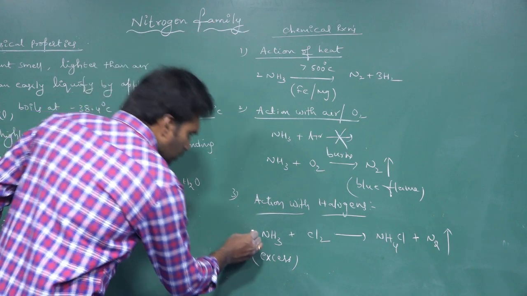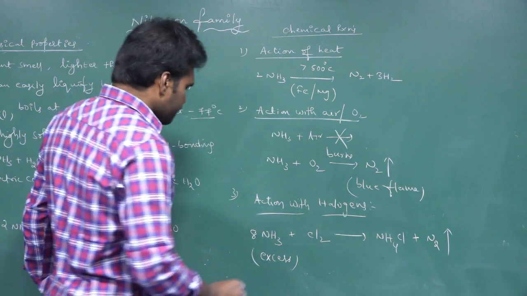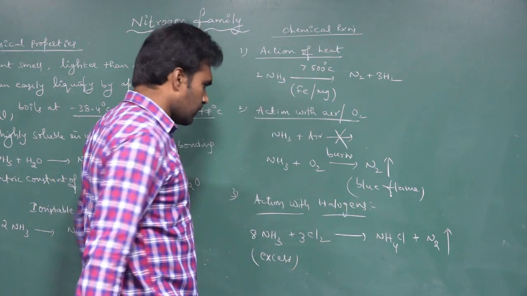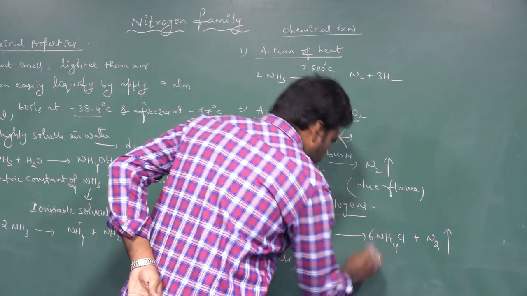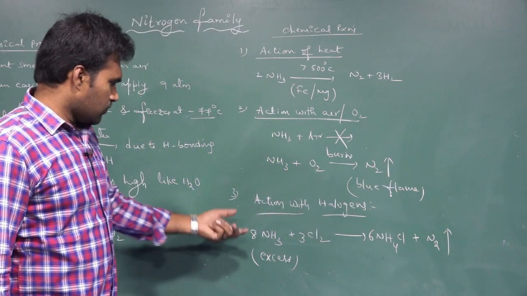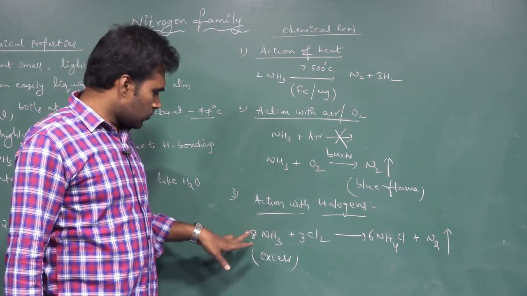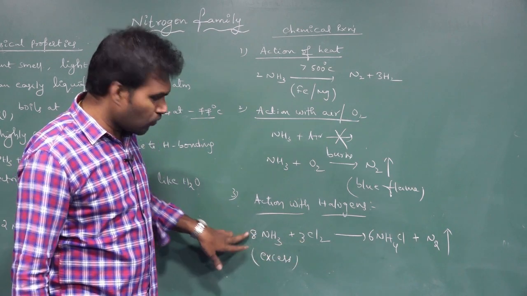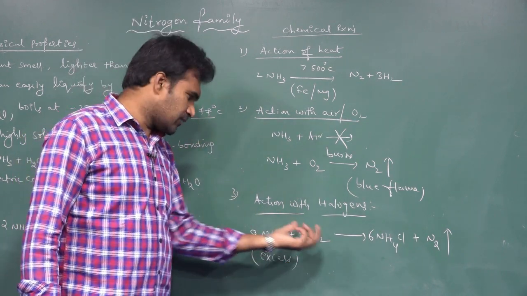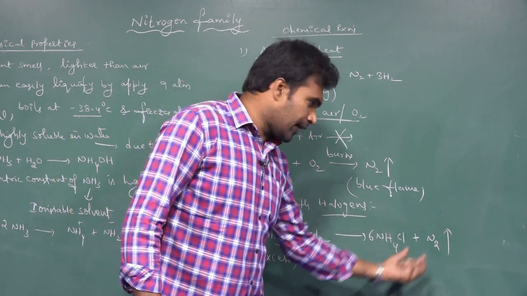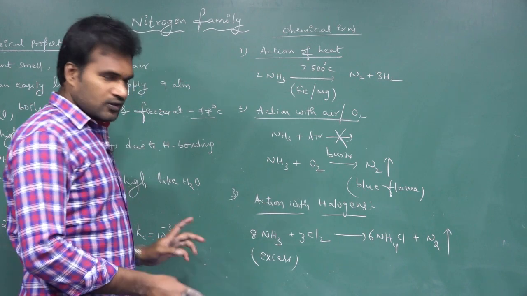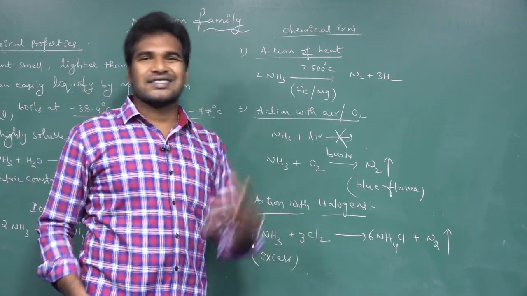So here 8 moles of ammonia reacts with 3 moles of chlorine, we get 6 moles of ammonium chloride and 1 mole of nitrogen. So it was balanced. 8 moles is the excess quantity. That is why when excess amounts of ammonia react with chlorine, we get ammonium chloride by the liberation of nitrogen gas.